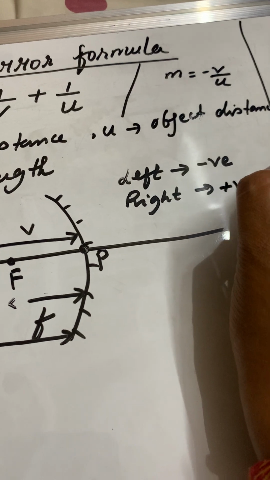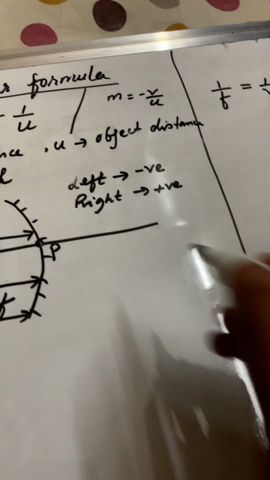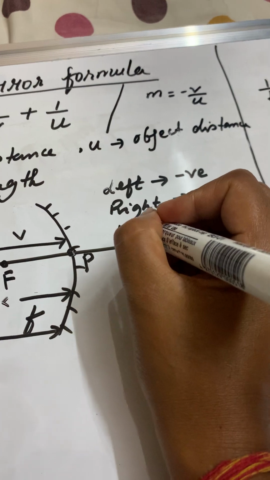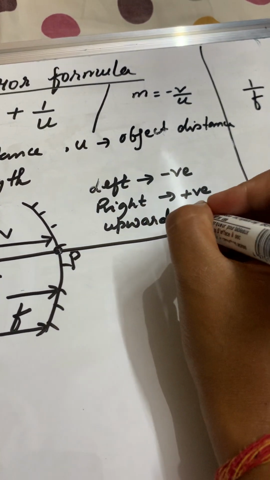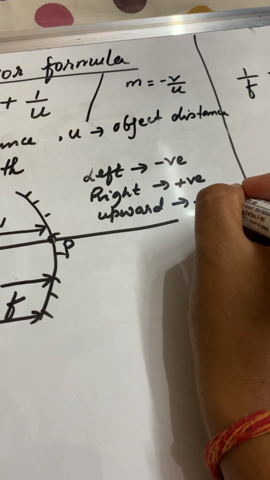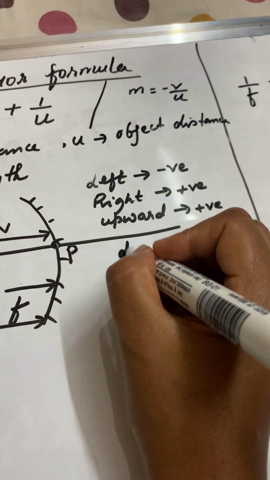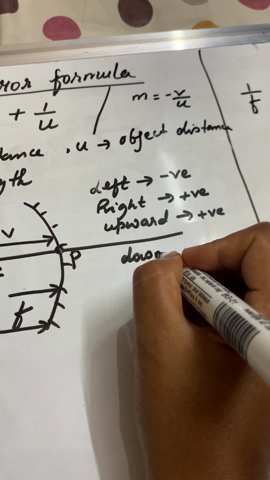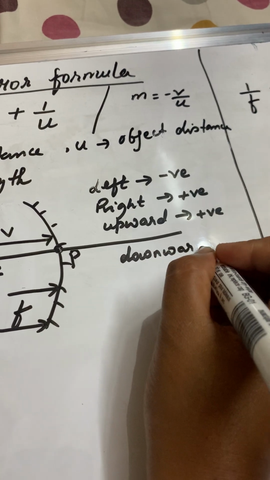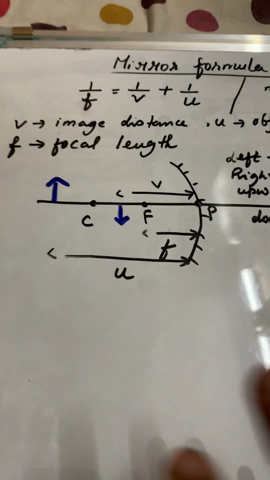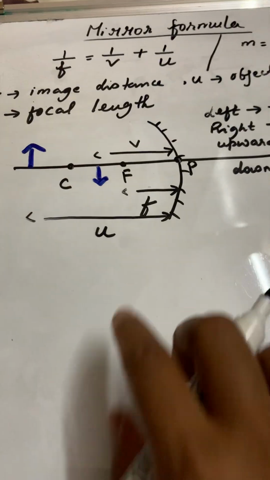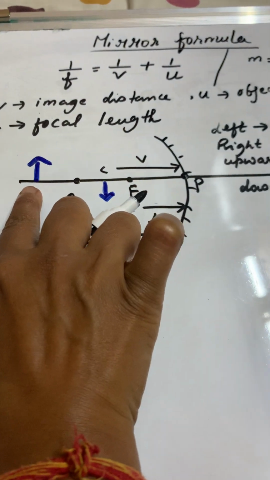Keep these things in your mind. For the height, upward is positive, and downward is negative.